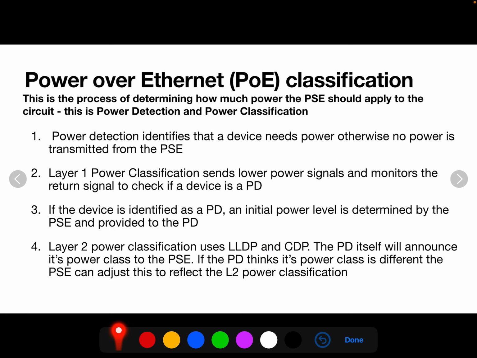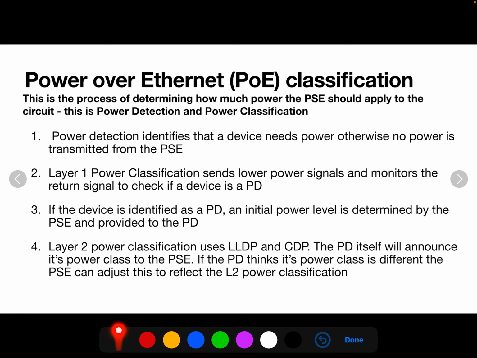The power sourcing equipment thinks, okay, I think you need this much power, I'm going to send this much power, let's see how it goes. The drive-through example won't really work for this. There, you ask for how much food you want, you receive that much food, and you'll be billed for that much food. But this is kind of doing a guesstimate, saying, I think you need this much power, let's see how it goes. I'll give you this much power, the initial power level.